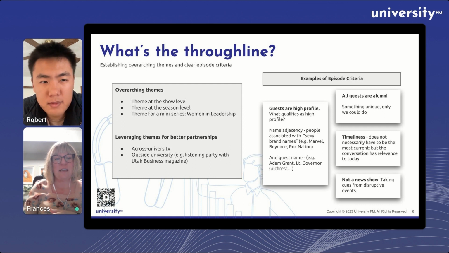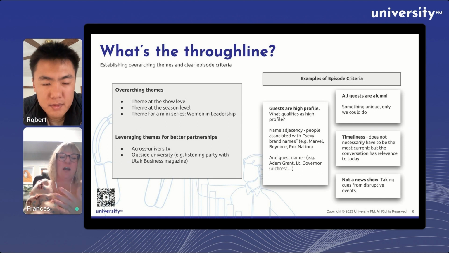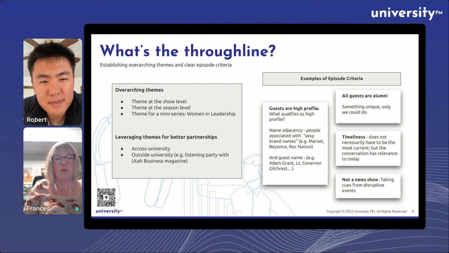We had a CEO who is a partner of the school talking about growth mindset within his own company. We had a scholarship donor and a scholarship recipient talking about the role of scholarships in providing opportunities for students to pursue their own curiosity.